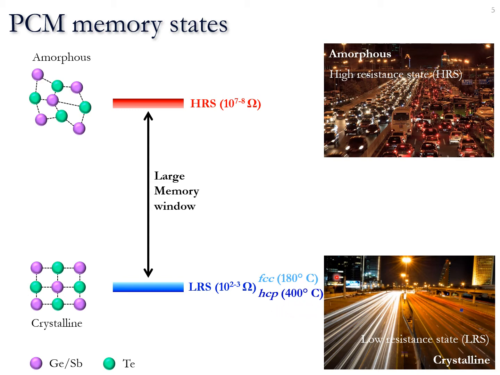The other state of the LRS is known as FCC, which has slightly higher resistance than the HCP state. We can obtain the FCC phase by annealing at 180 degrees Celsius. This FCC phase can also be obtained by means of electrical pulsing.